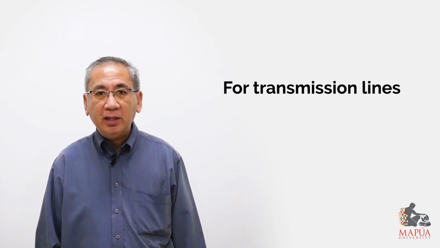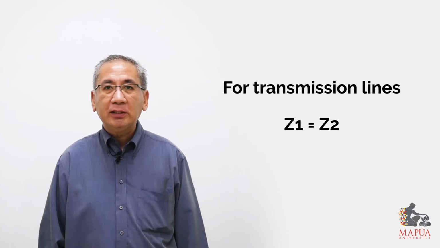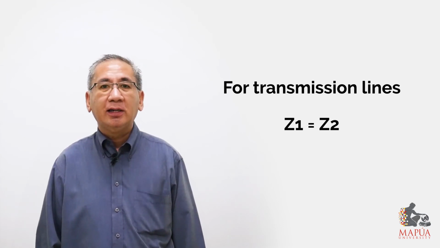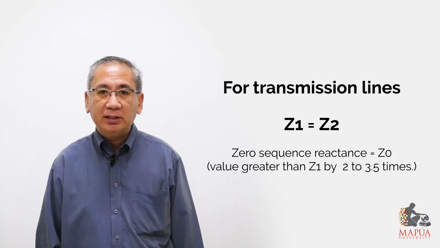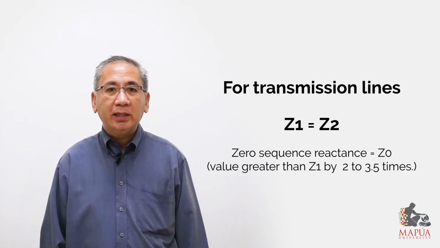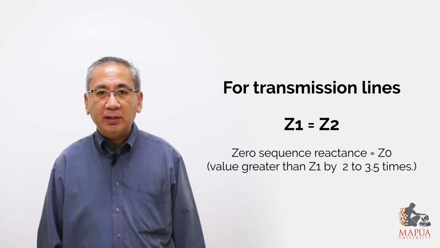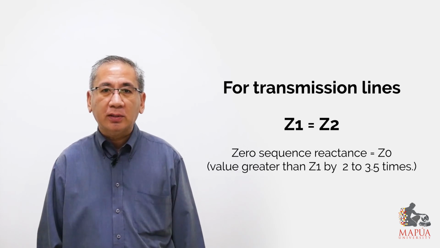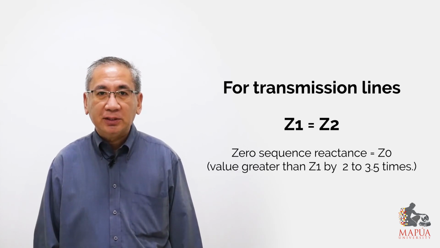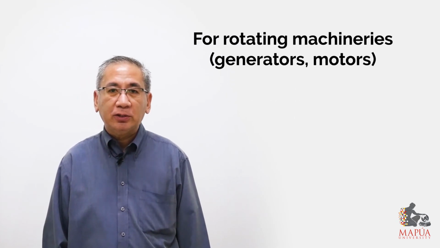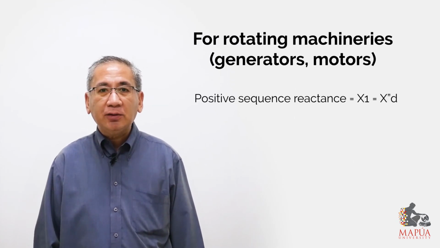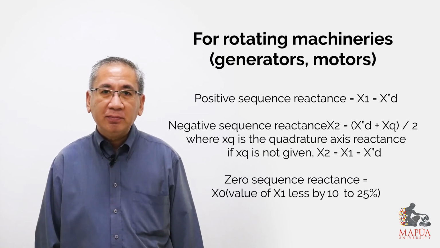Second, for transmission lines, the positive sequence and negative sequence impedances are the same, whereas for the zero sequence reactance, X sub 0, the value will be greater than the positive sequence X1 by 2 to 3.5 times.